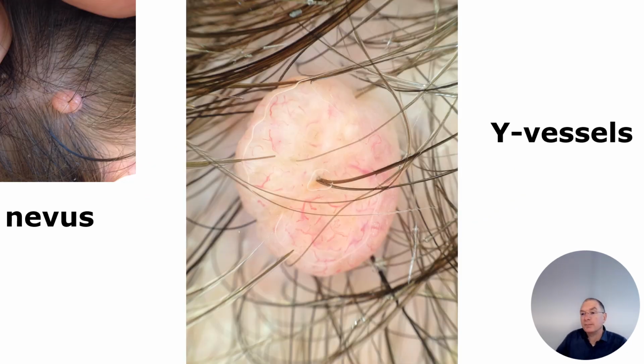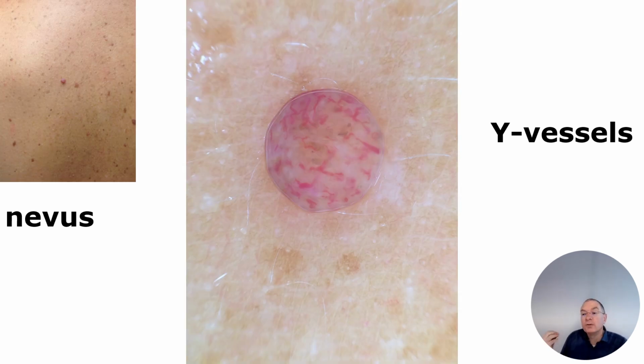For example, this is so typical in the dermal nevi, the epsilon vessels. We see this here, they are not arborizing, they stop, like the letter epsilon, and so it is nice to see. Let us start with simple, with normal vessels in normal nevi.